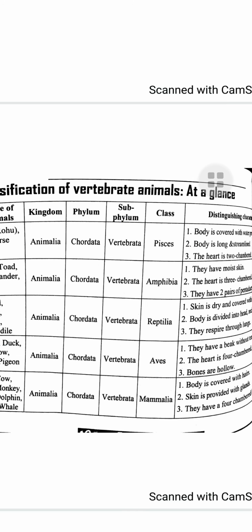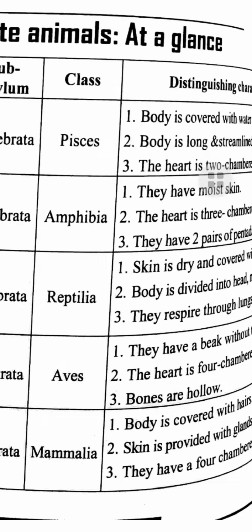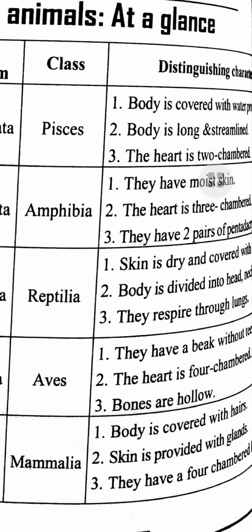Okay? Now students, here we will be discussing the chief characteristics of each. Like Pisces, their body is covered with scales, or their body is streamlined, boat shaped. Amphibia, they have moist skin, their body is divided into head and trunk. Reptilia, they crawl on the ground, they respire through lungs.